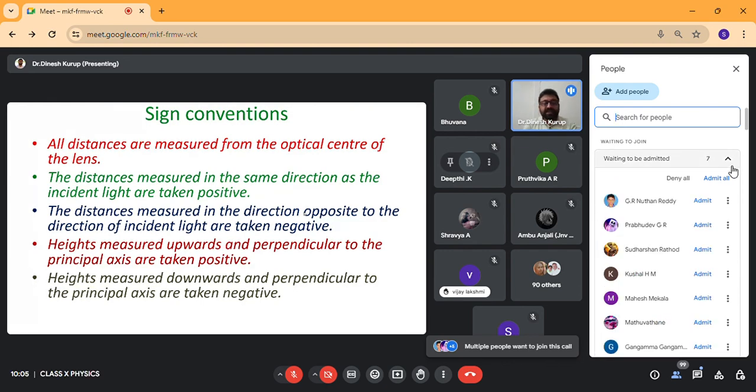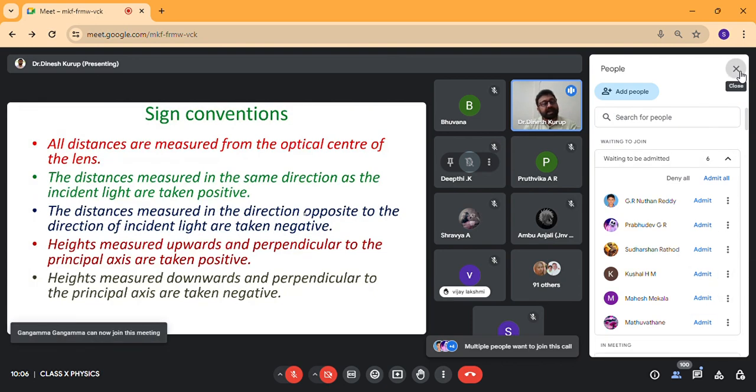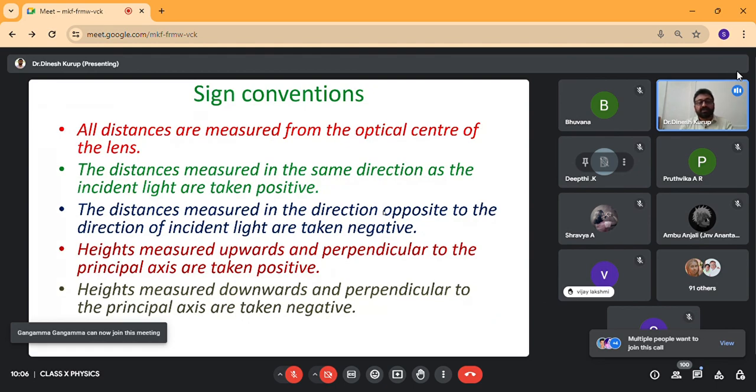A lens has two surfaces and a mirror has only one surface. But in image formation, the convex lens forms real as well as virtual images. The concave mirror also forms real as well as virtual images. In that sense, we can say that they are similar in the formation of images.